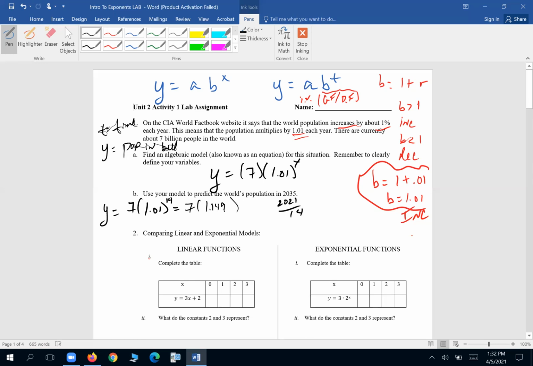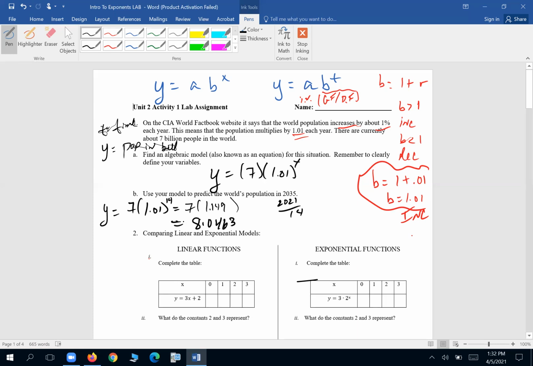Now I'm going to leave all the other decimals in my calculator, which means if you only plug in 1.149, you'll get a slightly different answer. But if I just multiply by that number with all the digits behind it, 8.046463, I could keep going. But that's going to be your population in billions. Okay? So that's how you do number 1.